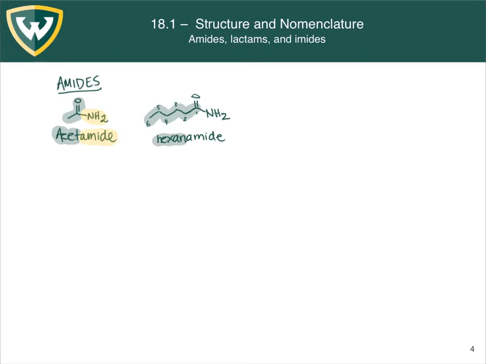Hexane, and then amide. Here's N-methyl acetamide. So we use this italic N to describe what group is attached to the nitrogen. So N-methyl acetamide.